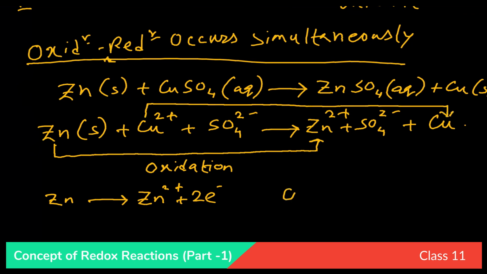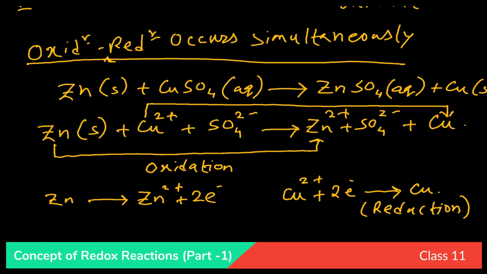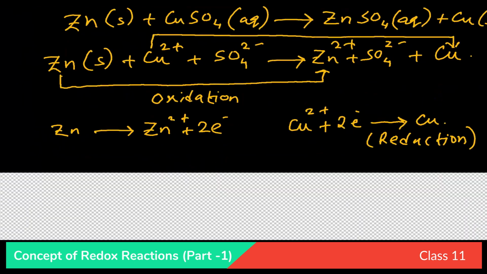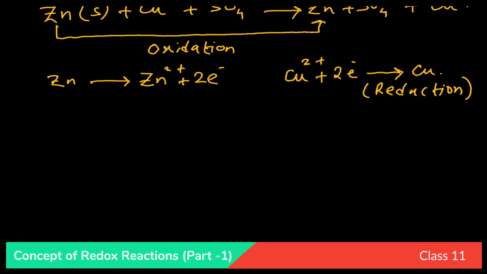That means this Cu2+ has accepted two electrons to produce copper. So this is the reduction reaction. Okay. Always remember then that increase in the oxidation state, that we will discuss later, will produce oxidation, and decrease in the oxidation state or oxidation number will give you reduction. Okay. Up to this, I think it is pretty much clear to you all.